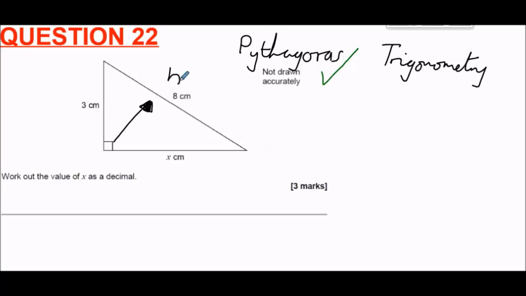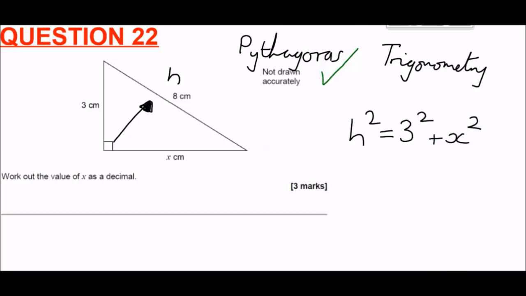I'm just going to call it h. Your teacher might teach it different ways, which is fine. But the main thing here is that the hypotenuse squared, the longest side squared, is equal to the sum of the other small sides, both squared. So hypotenuse squared is the same as 3 squared plus x squared.